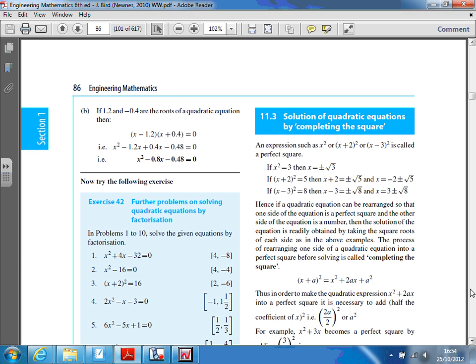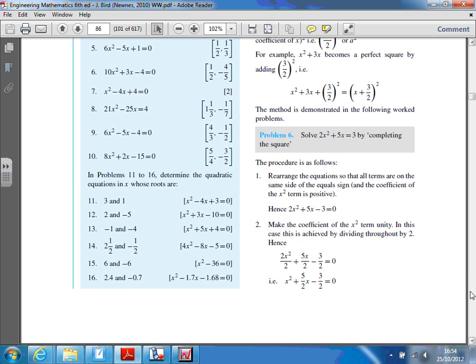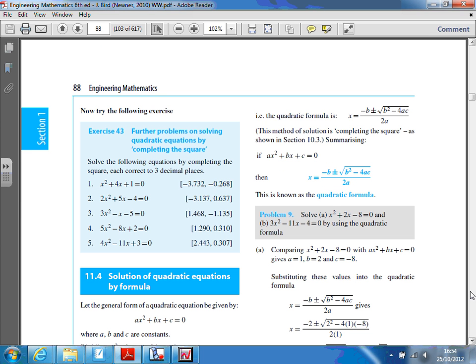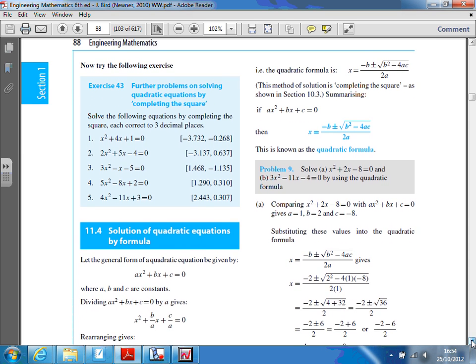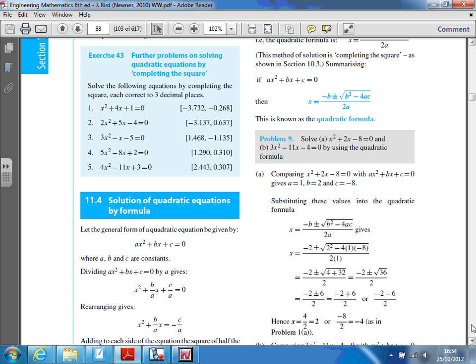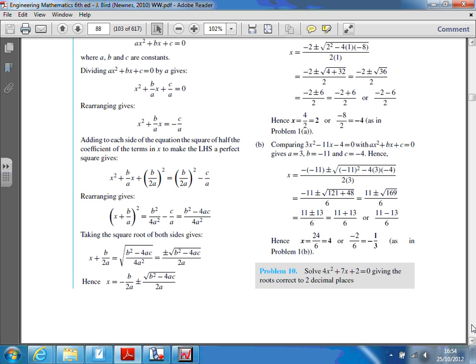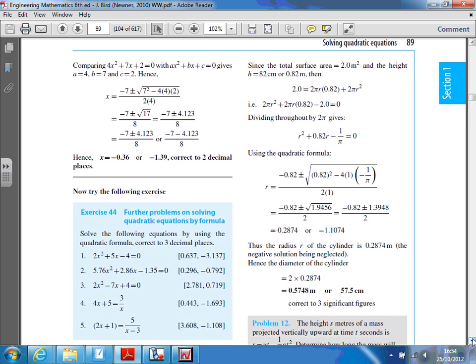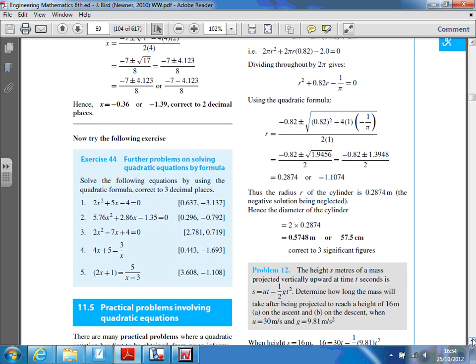And then it arrives at the quadratic formula, as I said. Then section 11.4, page 88, is the one I want you to look at now: solution using the formula method, which is what we've been doing. There are some worked examples there, but we've looked at some ourselves. So you could move on to exercise 44 and try some of those, page 89.